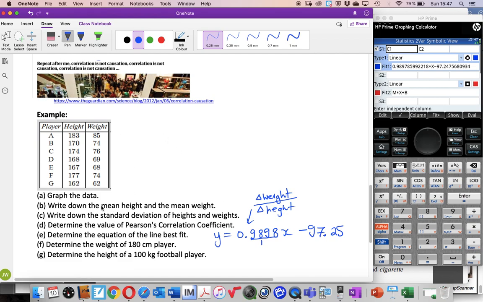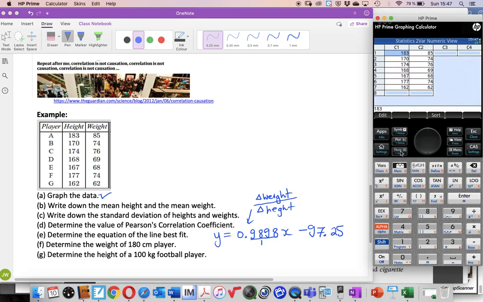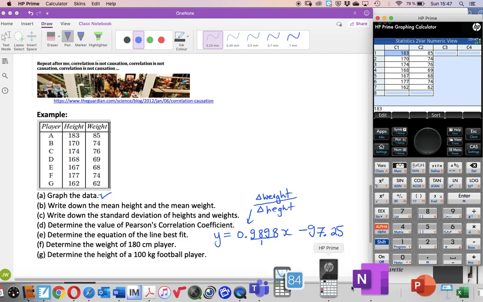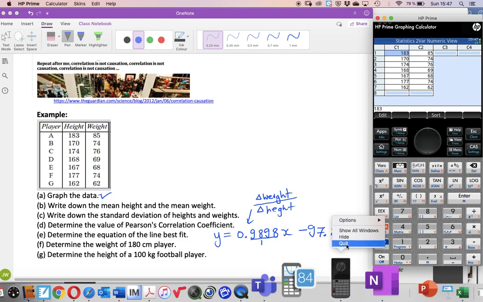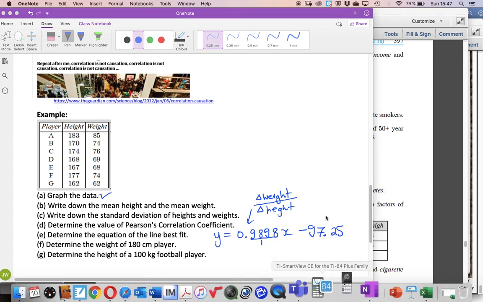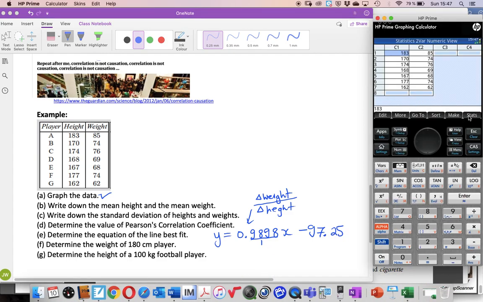All right, so we need to graph the data. We've done that. Write down the mean height and the mean weight. Okay, we're going to go back to the values, and I just need to restart it because it makes the buttons disappear. Okay, we're going to go to stats, and what this is right now is the statistics for the two variables together, okay? Notice there's our R value, there's our correlation coefficient, woohoo.